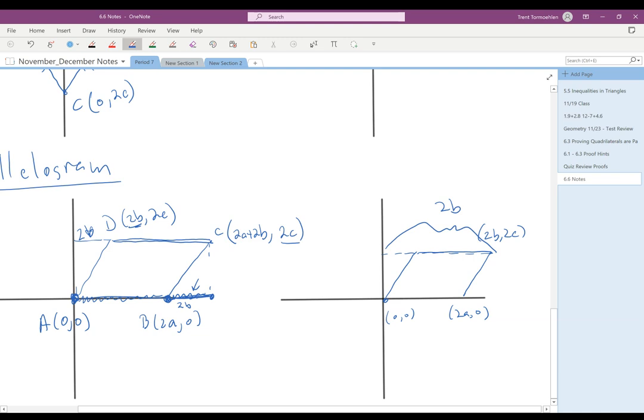But we know this length is 2a, so this coordinate would be 2b minus 2a. Because if you take away the length from here to here, what you're left with is the length to that point. And so that would be another way to do it, but I find the first way to be easier.